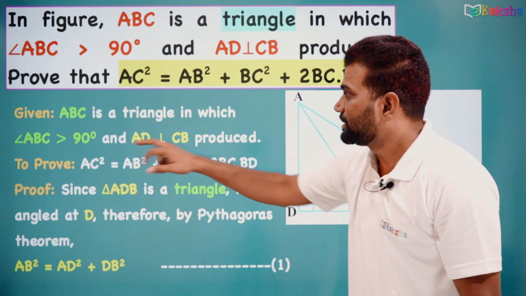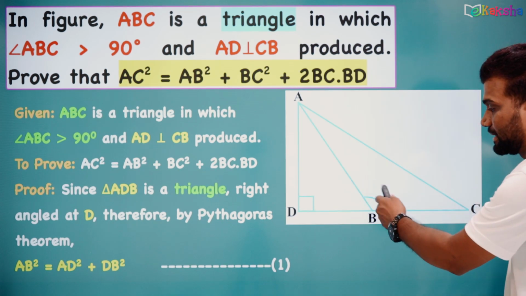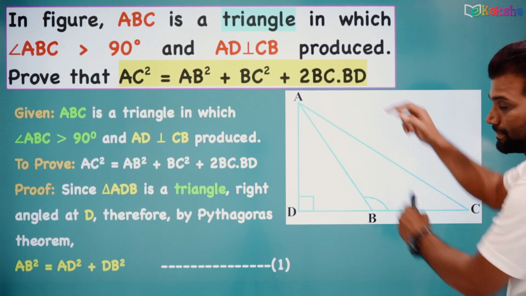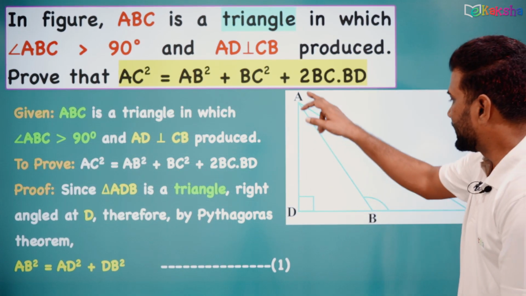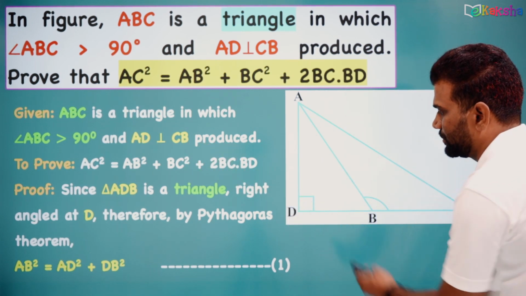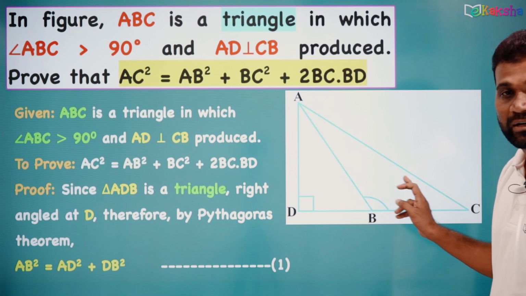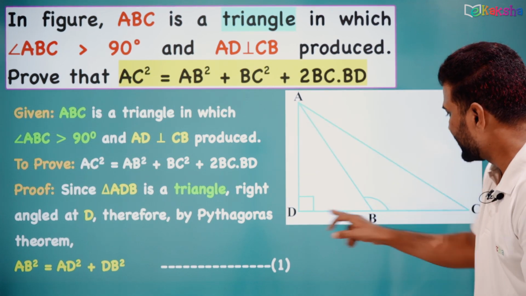Angle ABC is greater than 90 degrees, so it is an obtuse angle triangle, right? AD is perpendicular to CB produced. So here you can see one right angle triangle ADC and another right angle triangle ADB.